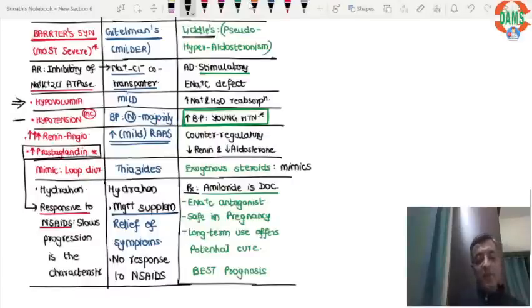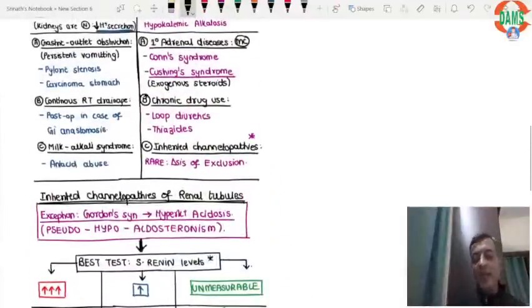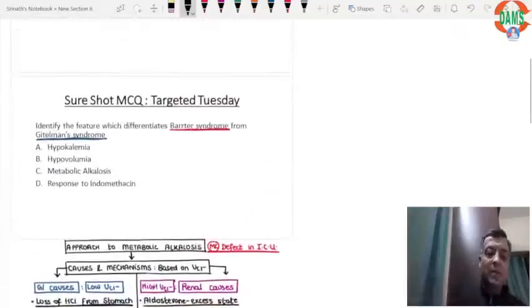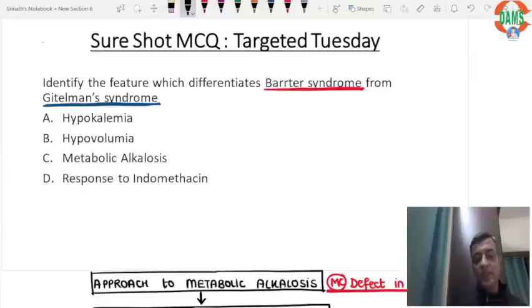Both can have hypotension. Both can have metabolic alkalosis. But our question is asking which feature differentiates.